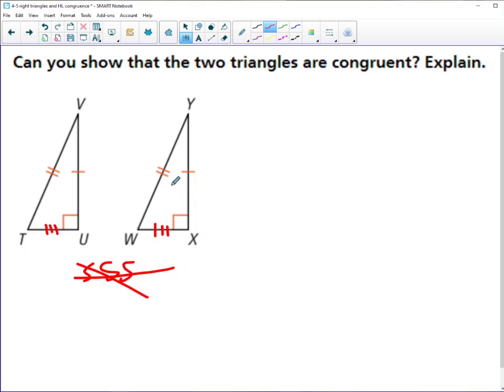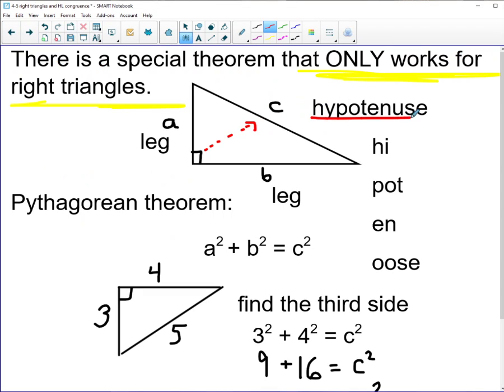And because of that, we have a special name for this. If you have this setup where you've got the right angle and one of the legs and the hypotenuse, we call this the HL congruence. H stands for hypotenuse, L stands for leg.